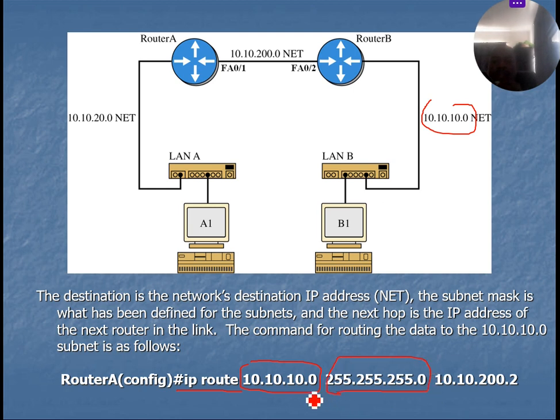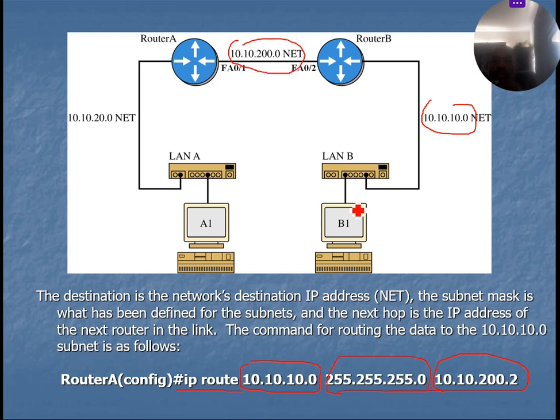After your IP address, you put the subnet mask to enable this to go. Then after that, you put your next hop address, which is where is the route from router A to, to which router, in case there are many routers on the network. So it's through this one, which is 10.10.200.0.